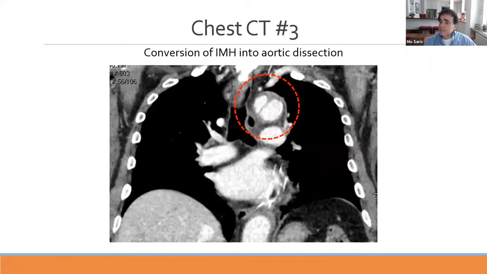This case is interesting because it really shows a progression over 6 weeks from intramural hematoma to classic aortic dissection. This does not imply that every dissection starts as an intramural hematoma. Some dissections do start as dissections first.